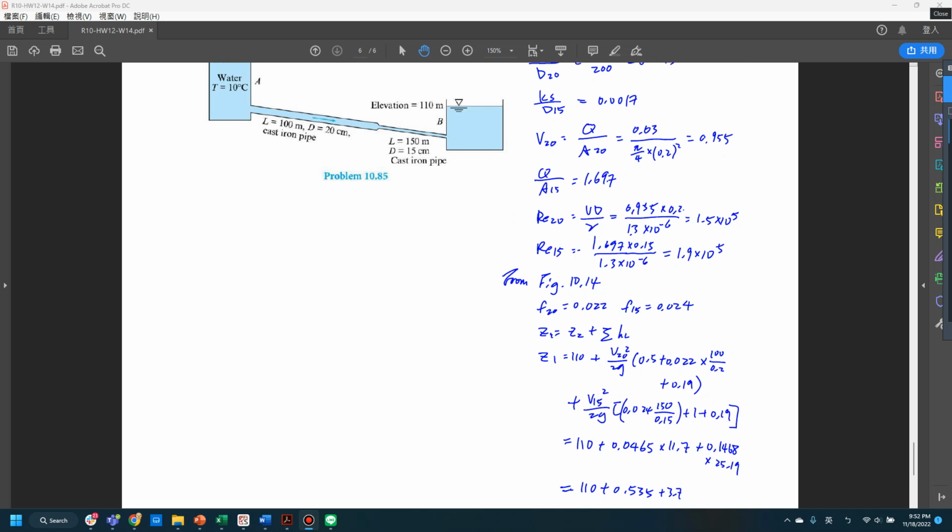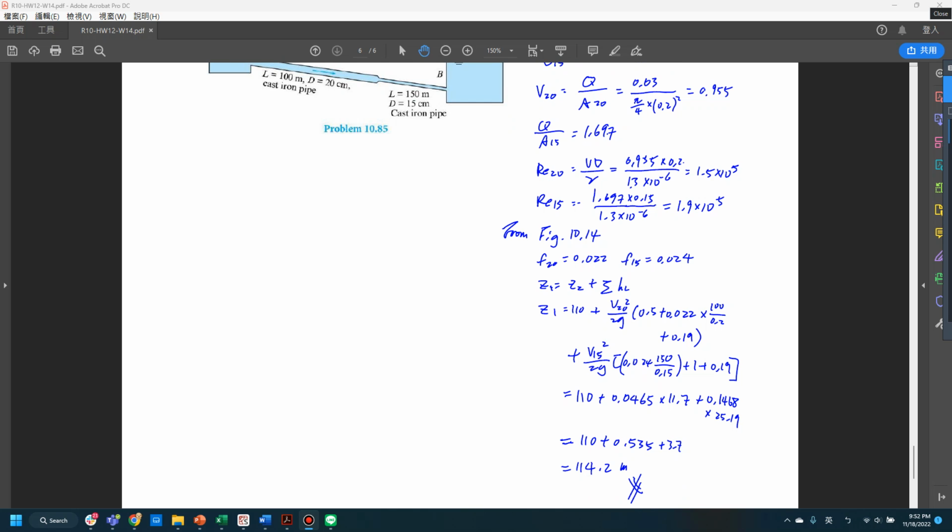After that, you apply the Moody diagram, and you can find the friction factor f for both sections. So one is 0.022 and one is 0.024. The next line of equation is the simplified energy equation.